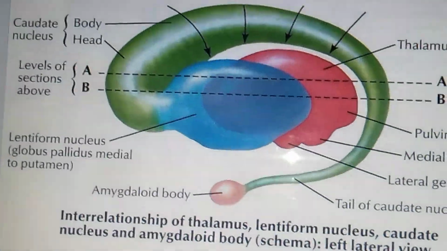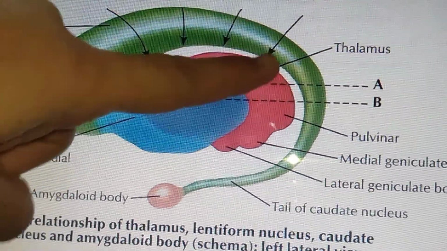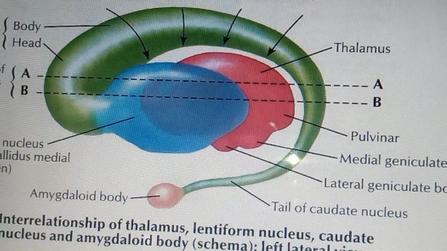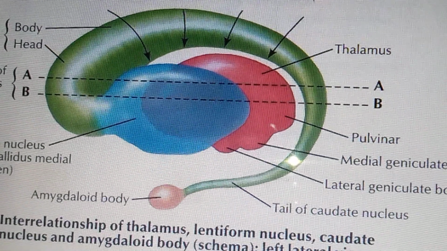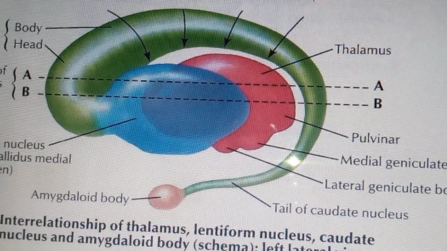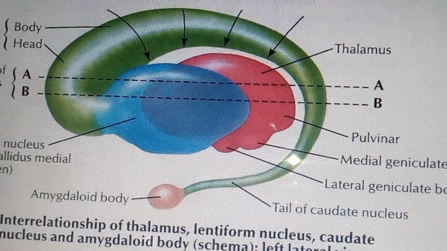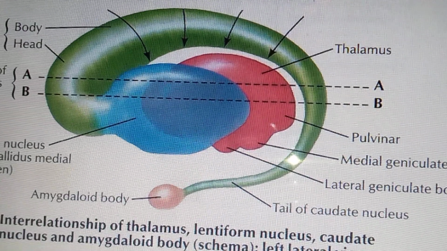Here you can see this is the thalamus, and this is the internal capsule. The different parts of the internal capsule are shown here. We'll learn about the internal capsule later on. Now coming back to the thalamus again, that is all about the surfaces and the ends. I hope it is clear.